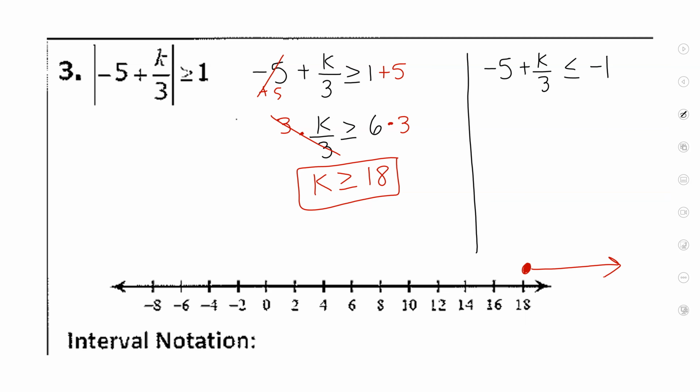Okay, now let's do the second case. Again, I'm going to add 5 to both sides. That cancels out. And I'm going to add 5 to this side. So I have k divided by 3 is less than or equal to -1 plus 5 is 4.